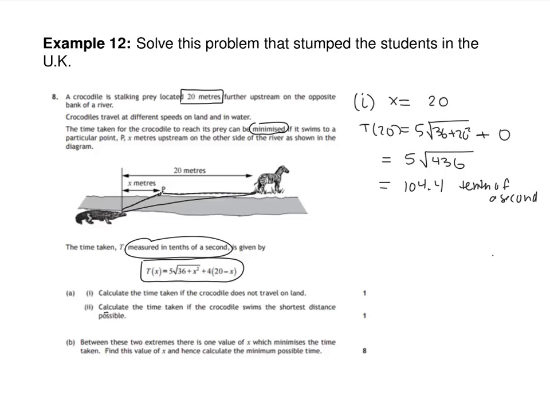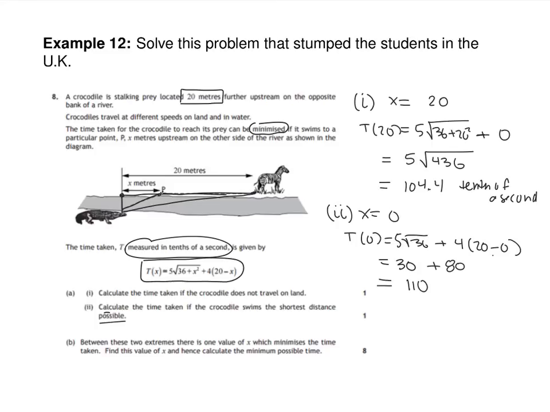Okay, part double I says calculate the time if the crocodile swims the shortest distance possible. So that means that the crocodile goes straight across and then down the bank, right? So that corresponds to x equals 0, right? So in that case, t of 0 is 5 root 36 plus 4 times 20 minus 0, which is 30 plus 80, right?